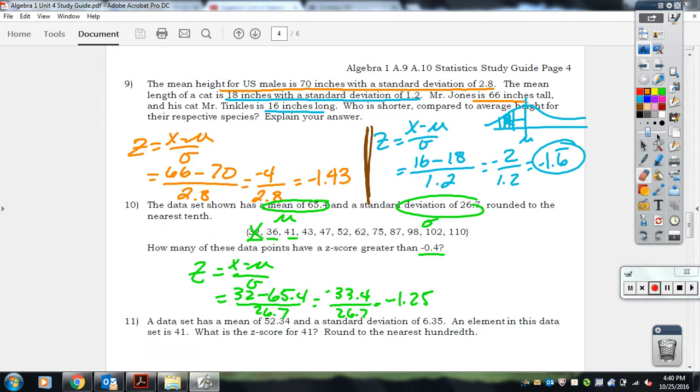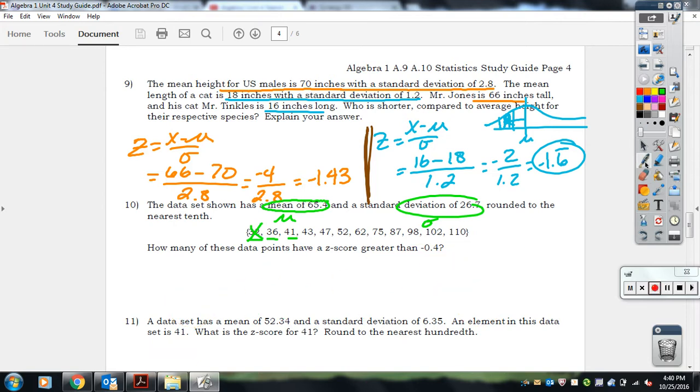So instead, let's think of it like this. I want a z-score greater than 0.4, so let's find what element, when I plug in x minus 65.4 divided by 26.7, would give us a z-score of negative 0.4.